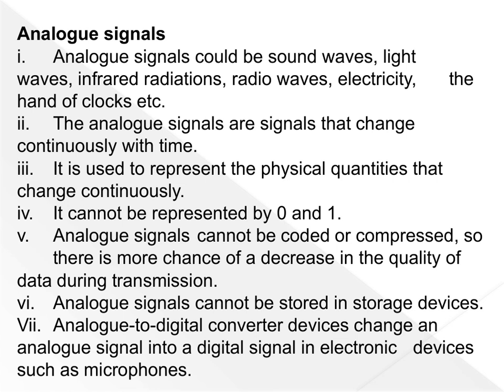This makes sense because digital systems rely on discrete values. As a consequence, analog signals can't be easily coded or compressed, which means that during transmission, there's a higher chance that the quality of the data might degrade. Another important point is that analog signals cannot be stored directly in digital storage devices. To work with them in modern electronic systems, we use devices called analog-to-digital converters.